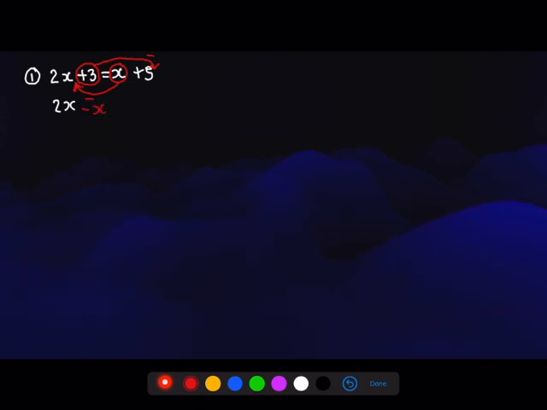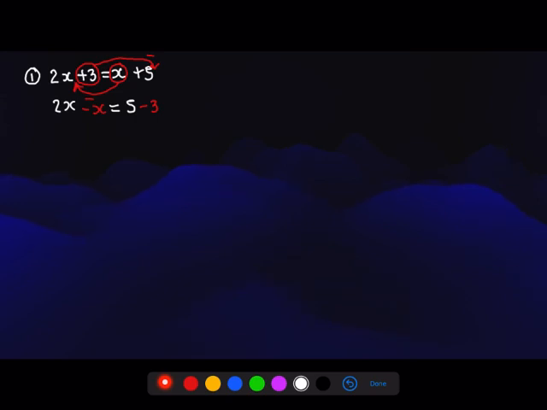When x moves, it becomes a negative, since the signs become negative because you're moving. So it always switches to the opposite side. So we get 2x minus x equals 5. It's positive, just the number 5 itself is positive, so we don't need to write plus 5.